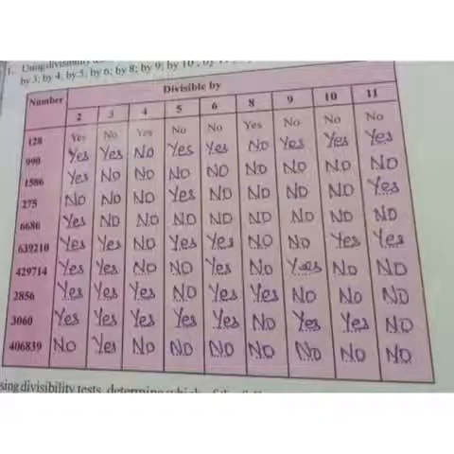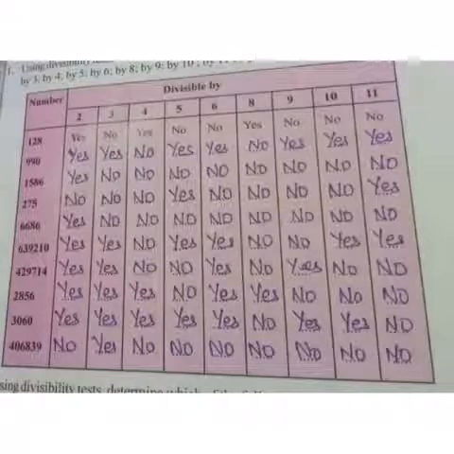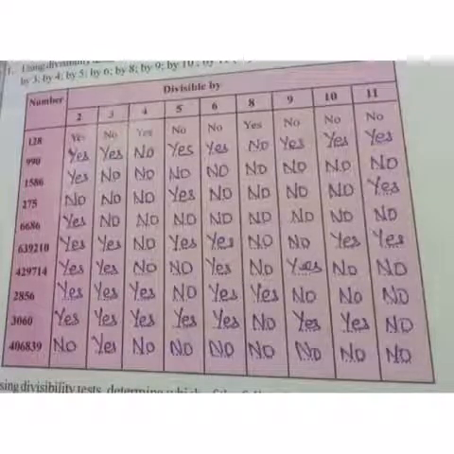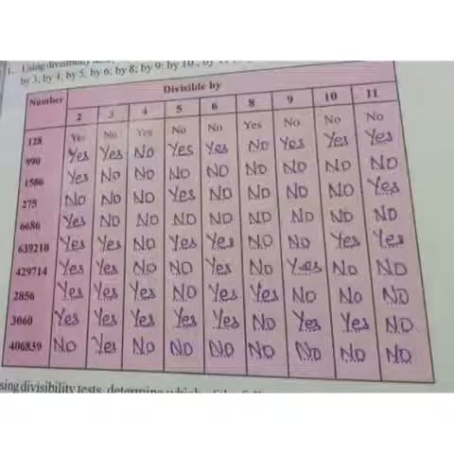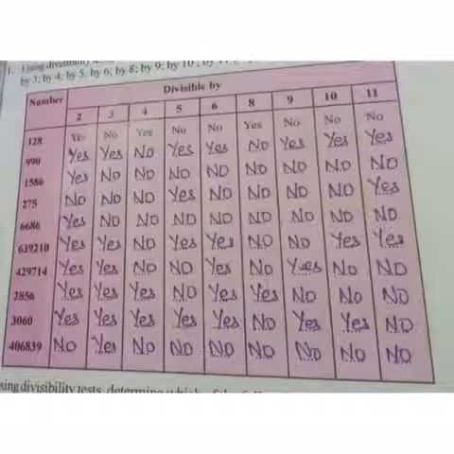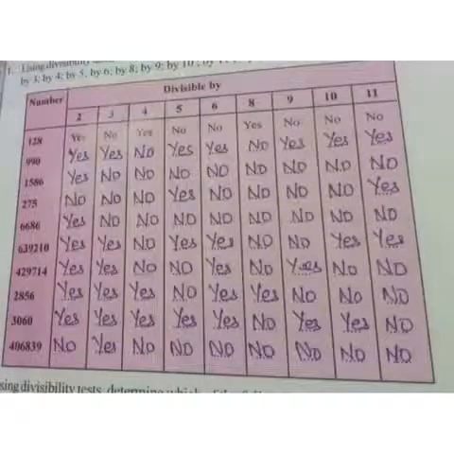Children, the next number is 639210. Because here is 0 at the ones place, it is divisible by 2. Then when we are adding the numbers, 6 plus 3, 9, 9 plus 9, 18, 18 plus 2, 20 and 20 plus 1, 21 and 21 plus 0, 21.